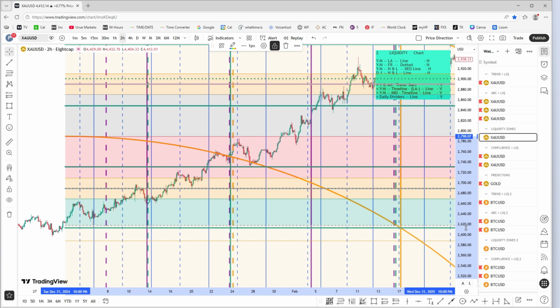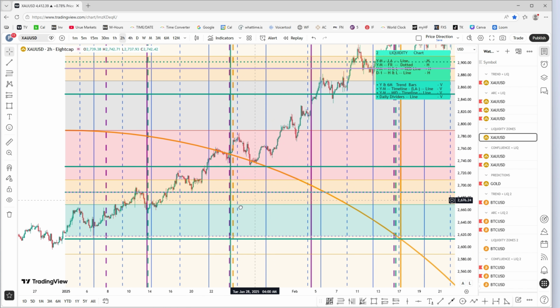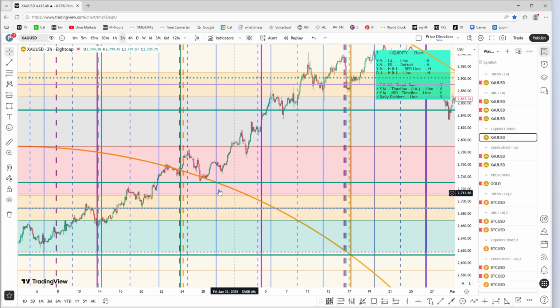Please watch. When price dropped at this point, it did not want to come into this golden environment, because the Gann arc prevented it. The 6 months last angle prevented it.